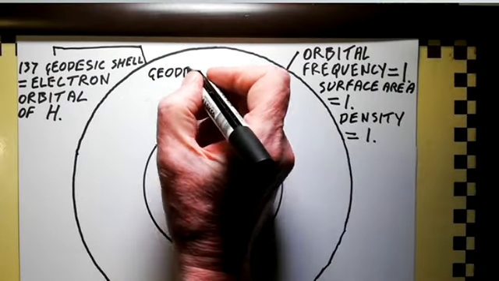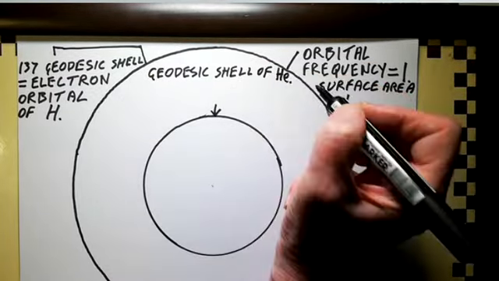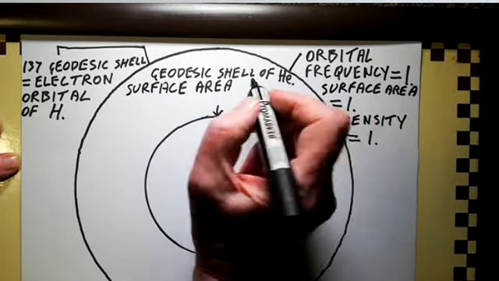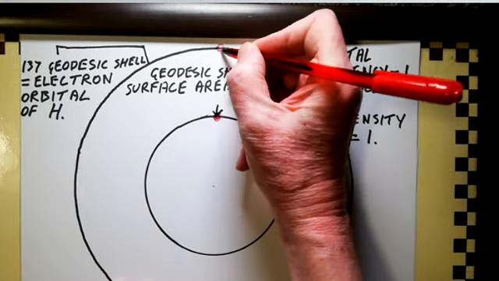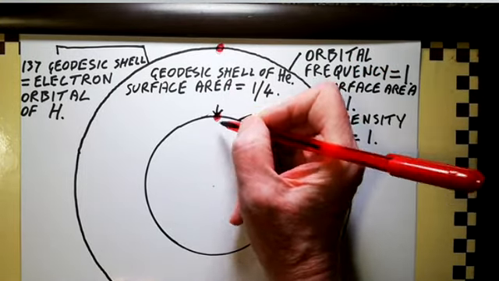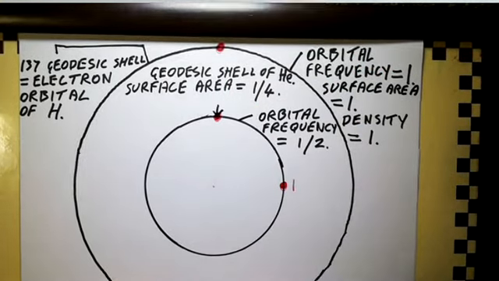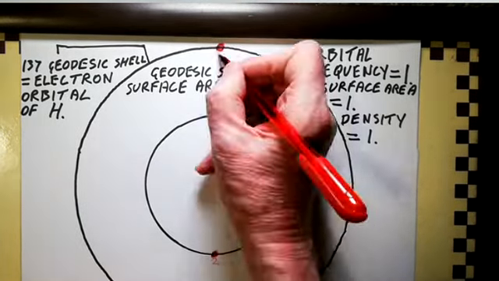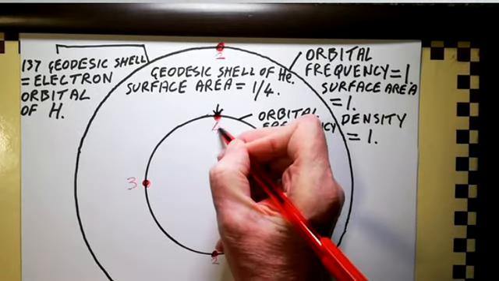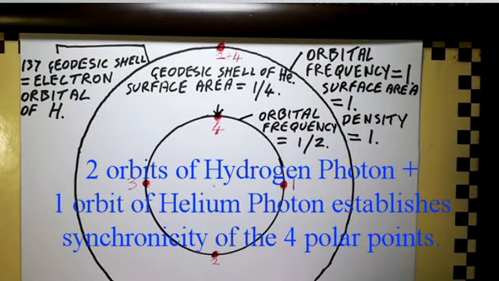The combination of the synchronization of the helium and hydrogen shells establishes 4 polar points on the face of the large circle. All subsequent interior shells must have a synchronicity which is in harmony with the 4 established polar points.